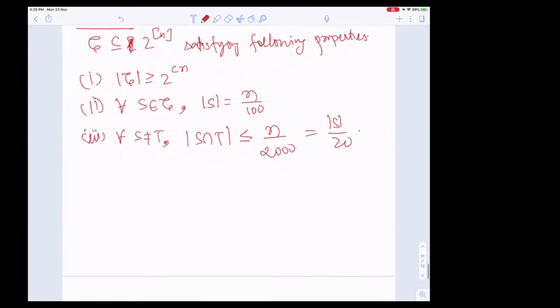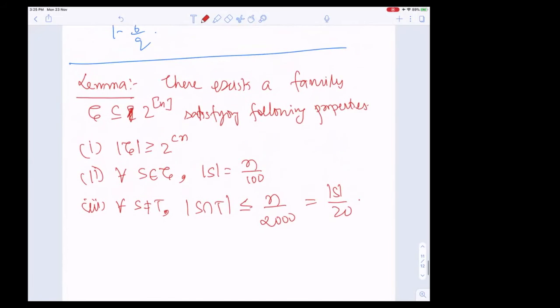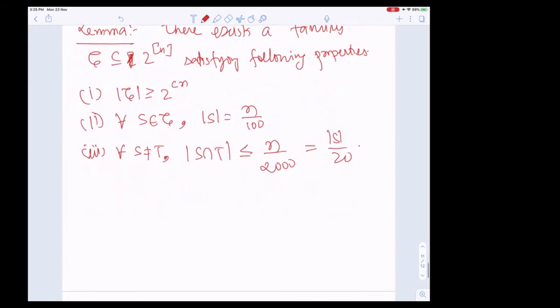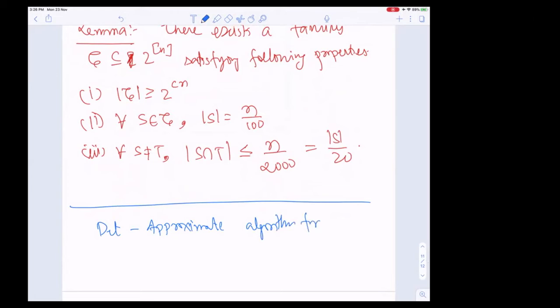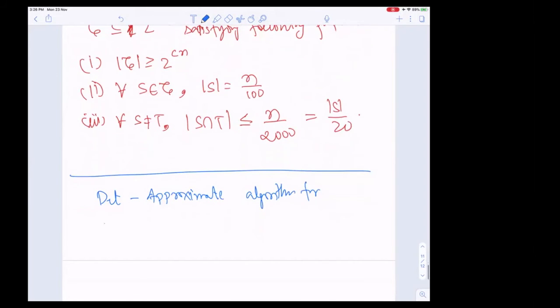Okay. Now suppose you had given me this lemma, how will we rule out a deterministic approximate algorithm, not exact, for distinct elements?